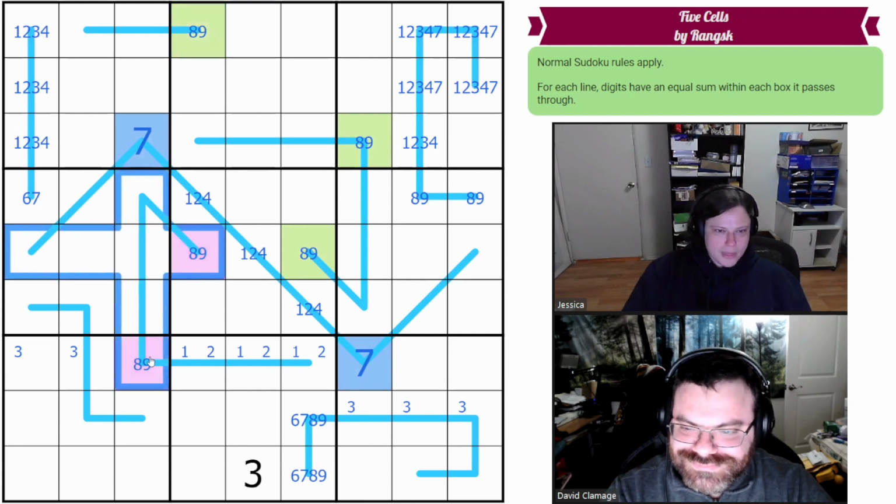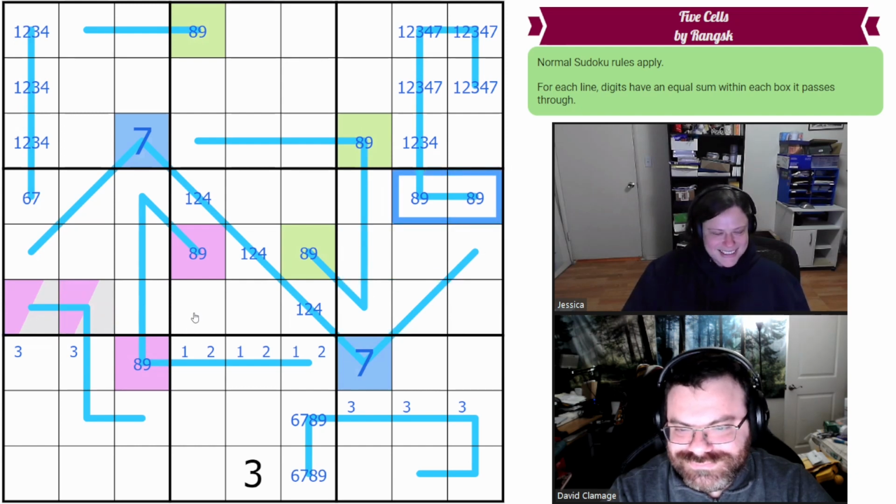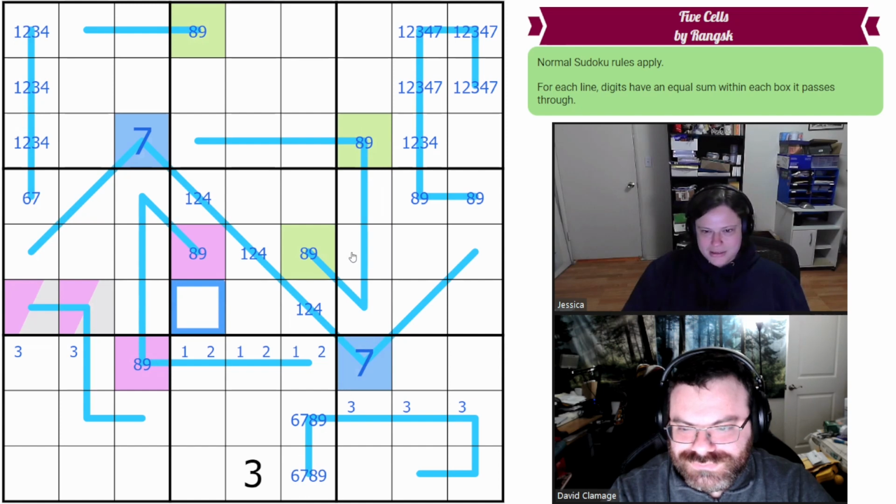Oh, well, obviously purple can't go on here because it would be too big, which puts it here, which means it has to, no. Well, I know it's on here. I'll put that. And then, oh, well, I know one of those is purple. Can I do something similar with green?